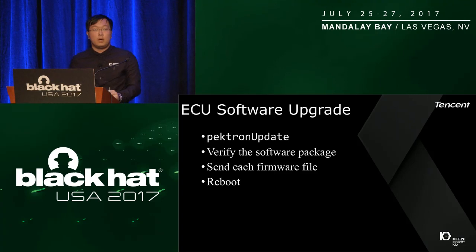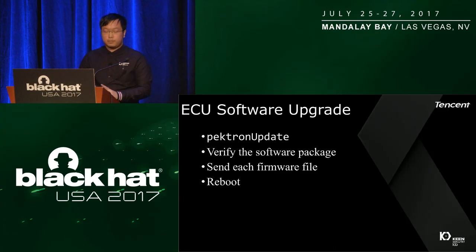The checksum value of the package is at the end of the compressed file. Once it passes, it will also check the firmware file checksums in the manifest file and compare them. If they mismatch, those firmware files will be sent, mostly using the UDS protocol we will talk about later.